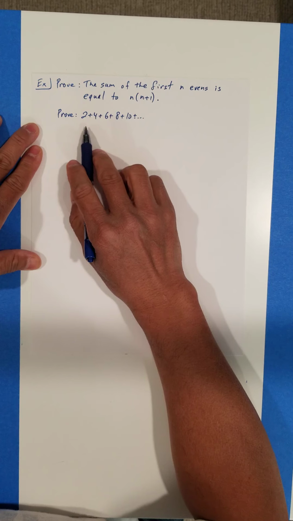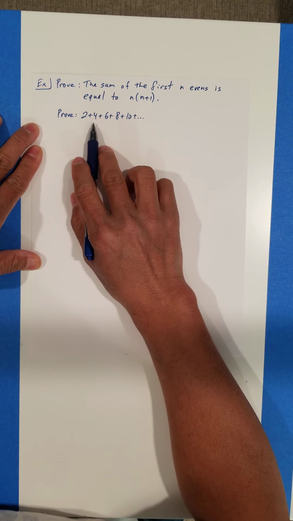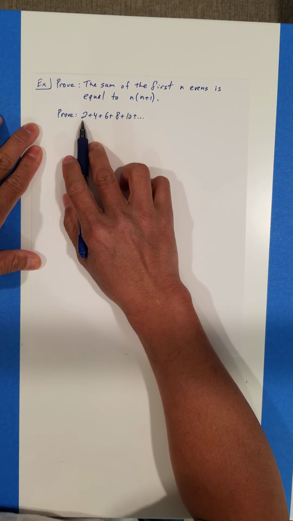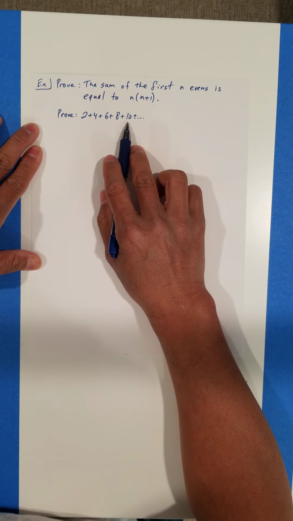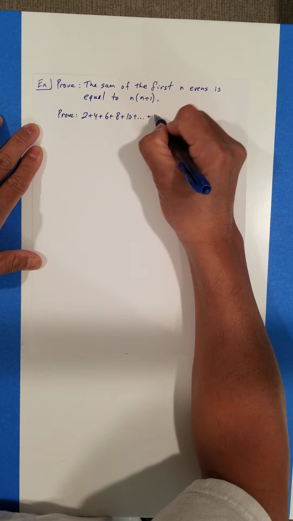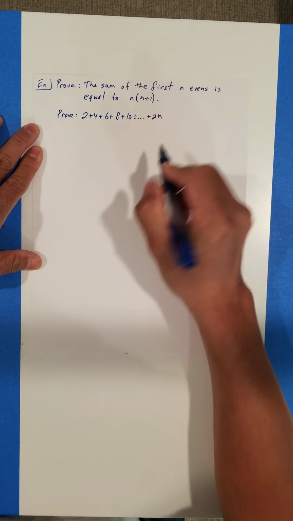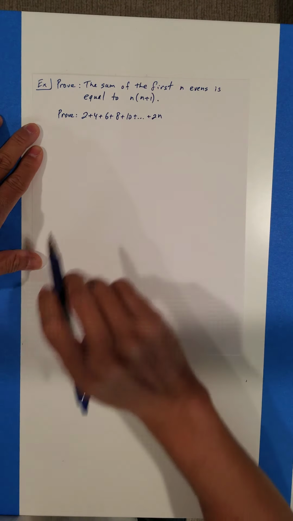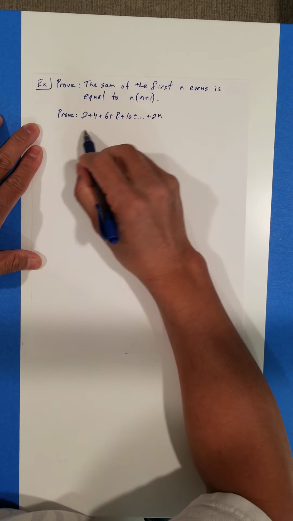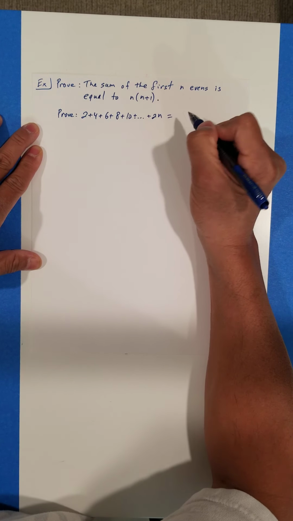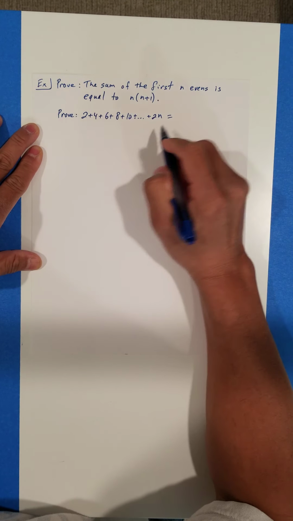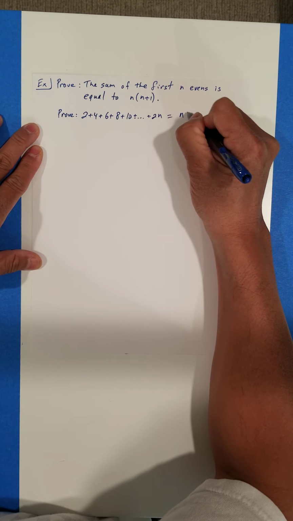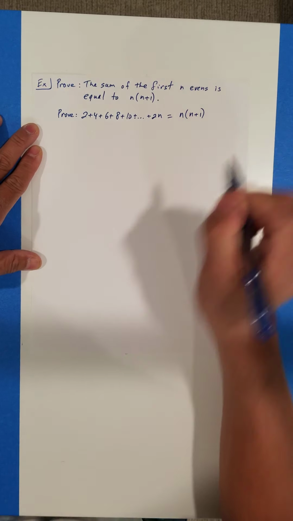Now what we notice is that this pattern is 2 times 1, 2 times 2, 2 times 3, 2 times 4, 2 times 5. And so the generic expression is 2n, where n is the location. I want to prove that if I add all these up, it will equal n(n plus 1).